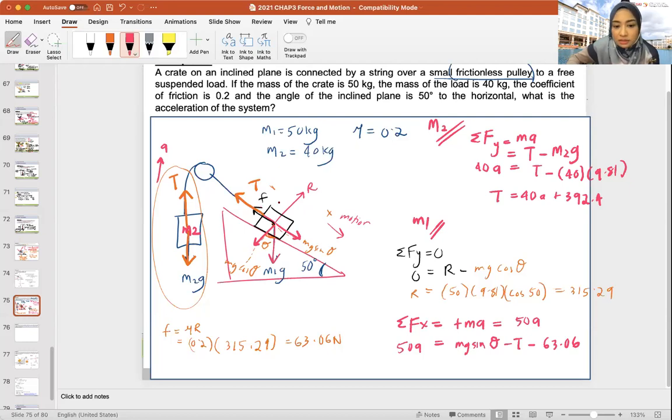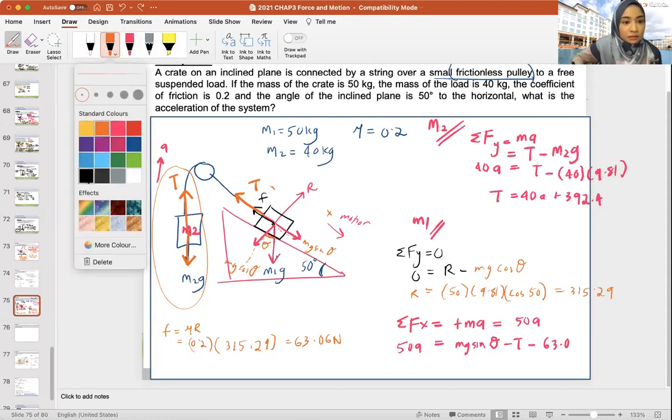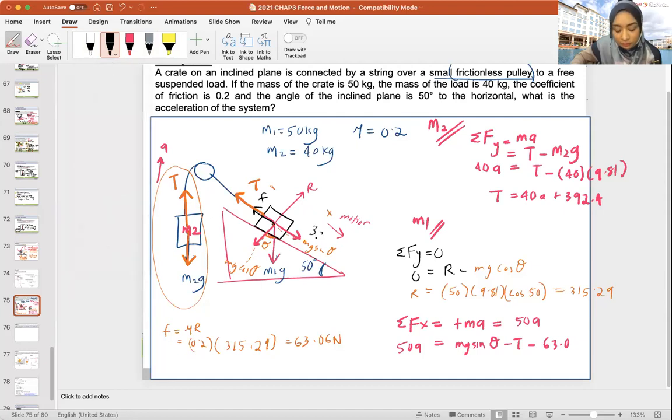So our friction is just 63 from our reaction force, and our mg sin theta is 375. 375.74. How should I write this? So logically we know that mg sin theta is 375.74.